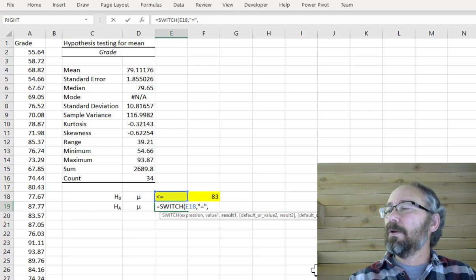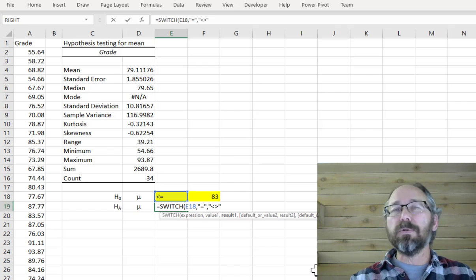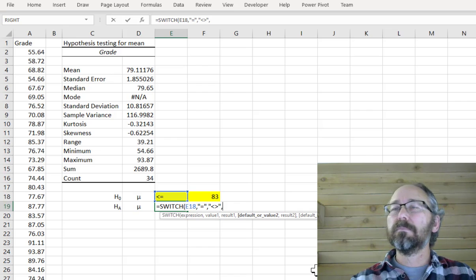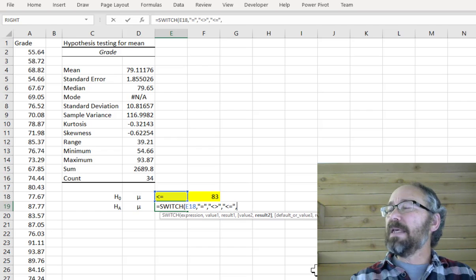So if the null hypothesis is an equal, we're going to use Excel's symbol for not equals, which is a less than as well as a greater than symbol. And if E18 is less than or equal to, we want the greater than symbol.